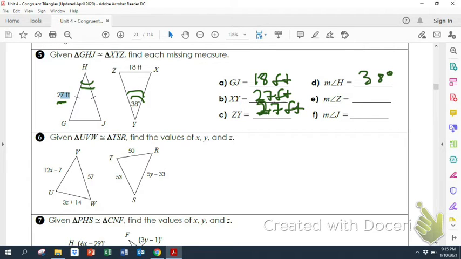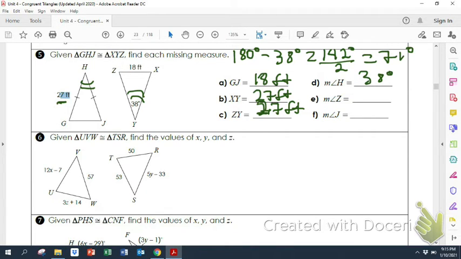And remember our formula to figure out the other angles in an isosceles triangle is if we take 180 degrees minus 38 degrees, and that's going to give us 142 degrees. And then we're going to divide that by 2. And that's going to give us 71 degrees.